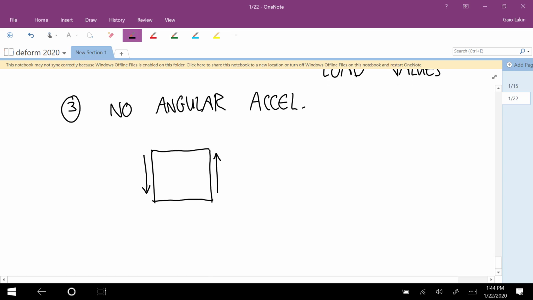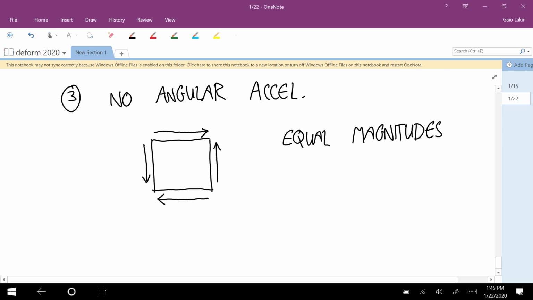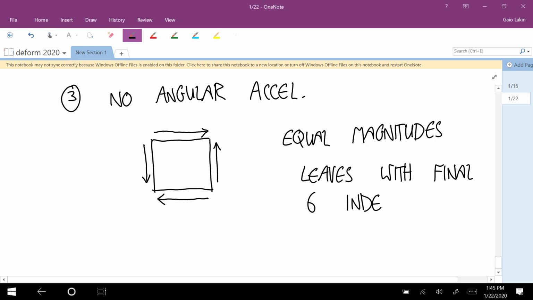And the only way to not have an angular acceleration is to have a force going that way that's the same magnitude as these two. And equal and opposite says that that one has to be opposite. Okay. And that eliminates 3 more required values. And so this leaves us with our final 6 independent load values.